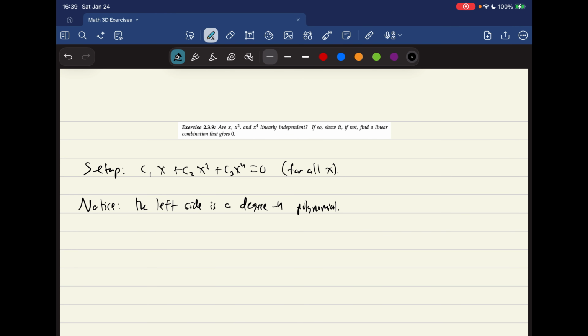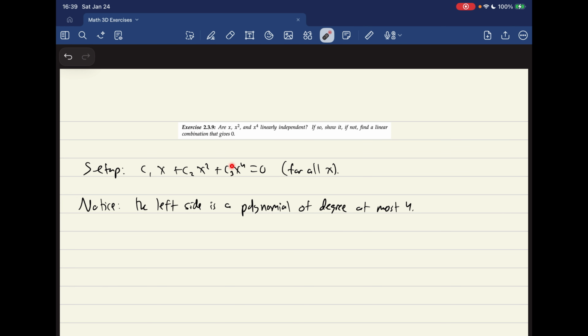Highest term is 4. Or to be more precise, it is a polynomial of degree at most 4. It doesn't have to equal 4 because, for example, c3 could be 0, in which case our polynomial is just quadratic. Or, for example, c3 and c2 are both 0, in which case our polynomial is just a linear function. But we know the polynomial has degree at most 4.